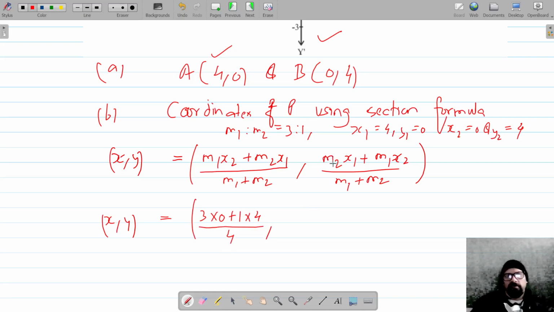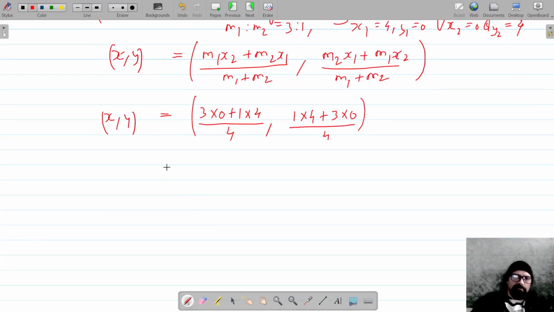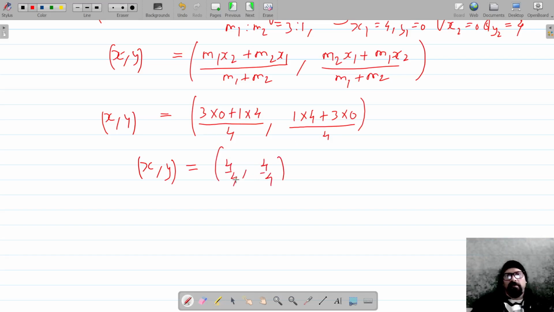This gives 4 by 4, which gives us x as 1.